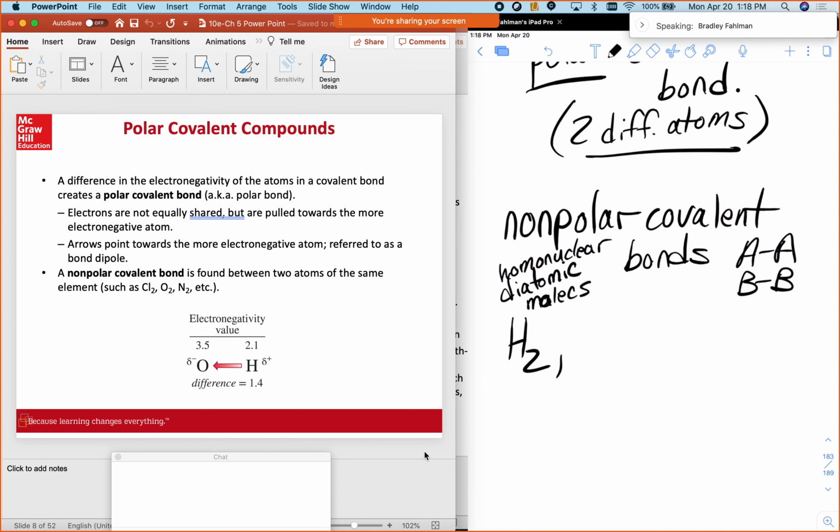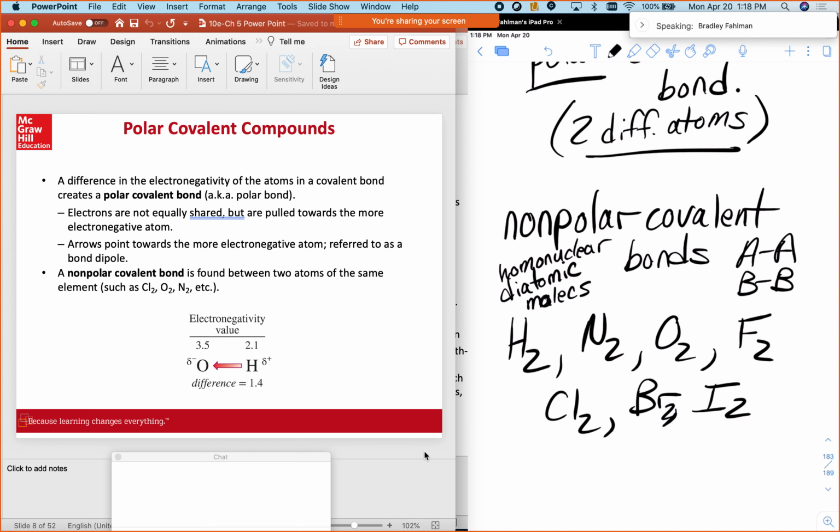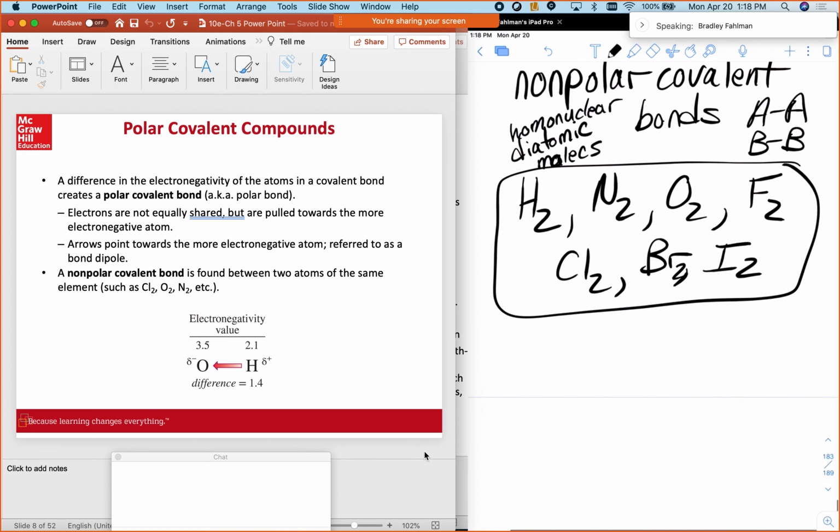Okay, so remember those that had the same atom bonded to itself. So it's hydrogen, and then which ones? Nitrogen, oxygen, fluorine, chlorine, bromine, and iodine. 1, 2, 3, 4. Yeah, so 7 of them. Okay, so all these will be joined by nonpolar covalent bonds.